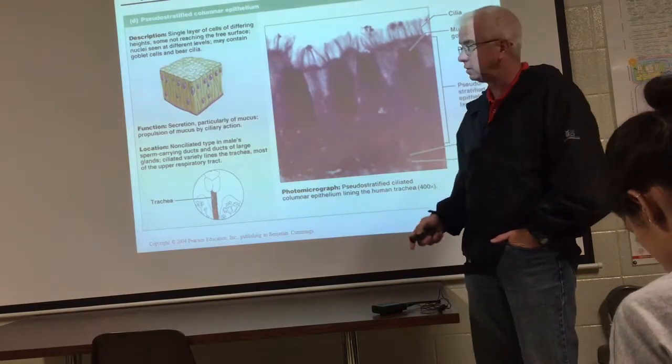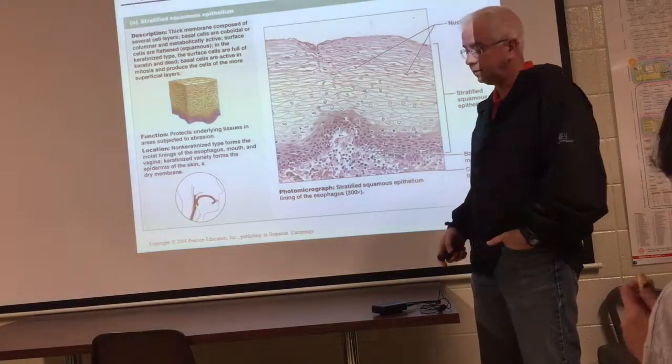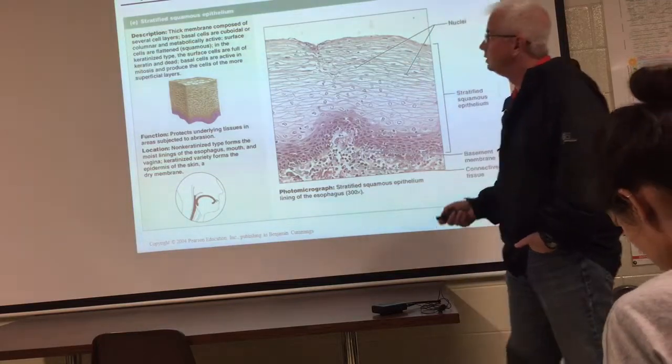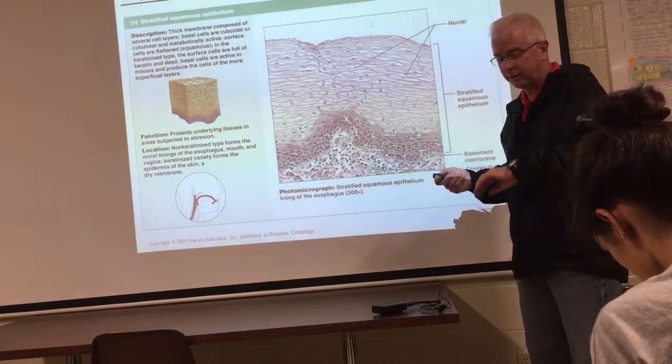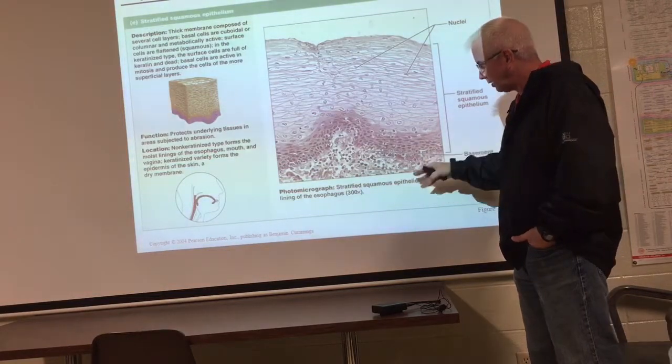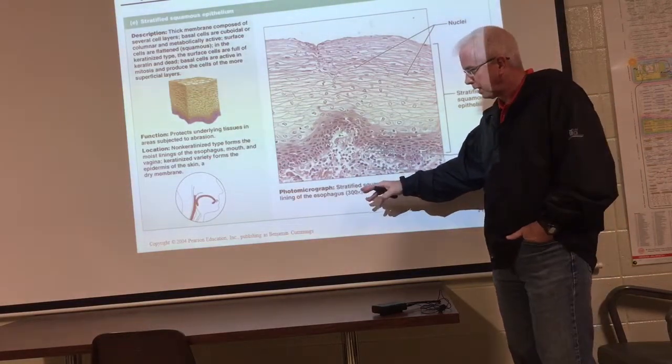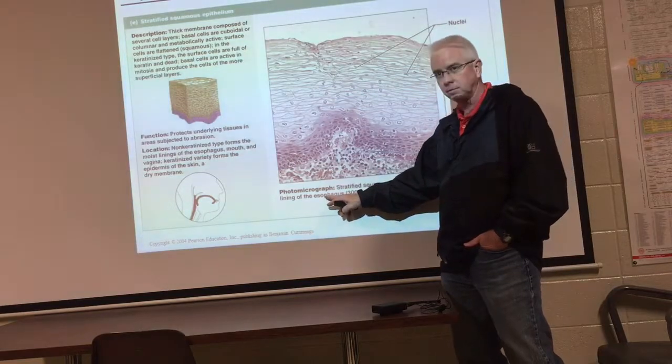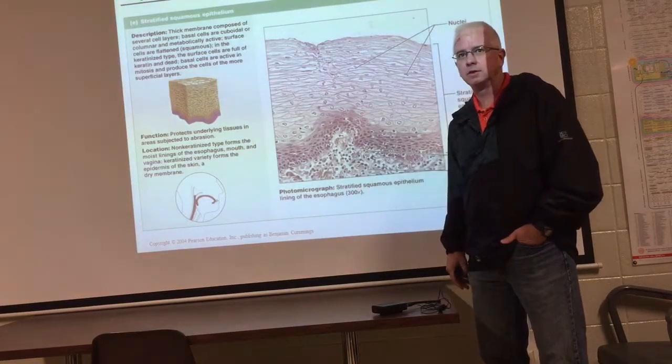Okay, now there's one more piece, and then I'm going to do that one more time with you, the transitions in the respiratory system, one more piece to that, and it's this one. Okay, so we've moved from the simple into the stratified, and so this is an example of a stratified squamous epithelial lining, and look at the example that I use here. This is the esophagus.